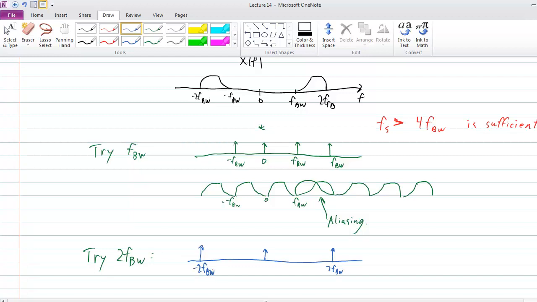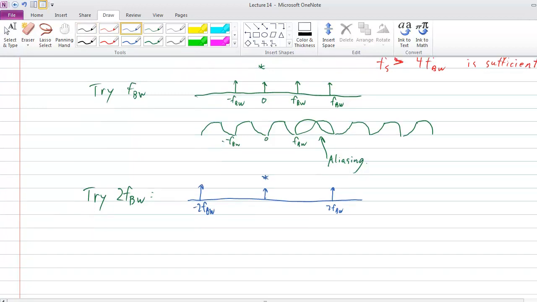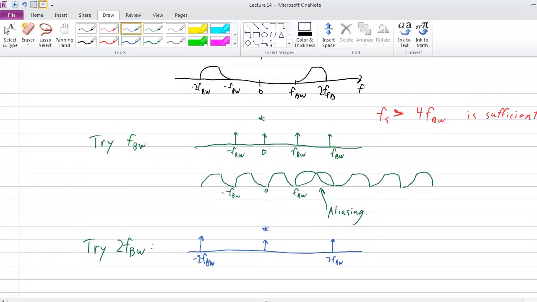And so what that means is when we do this convolution, I want to keep that picture there, the result is going to be our original copy. And then the next shift of this copy is going to go up by 2 times the bandwidth.